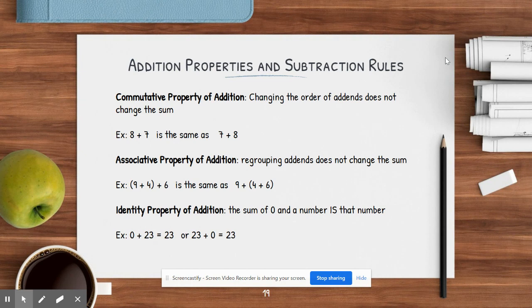It's a real basic example: if I start with an easy problem like 8 plus 7 and add those 2 numbers together, what sum am I going to get, Connor? 15. Does it matter if I reverse that and do 7 plus 8? Am I still going to get 15? Yes. That's what that rule says. No matter the order, if everything you're doing is addition, the answer is going to stay the same.